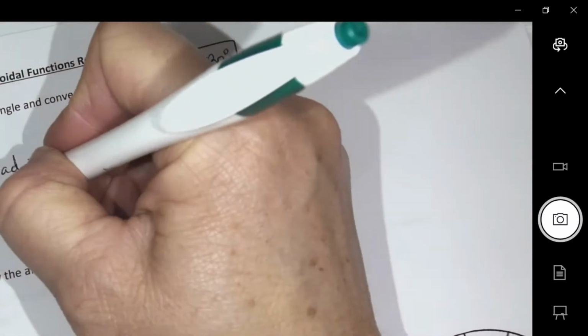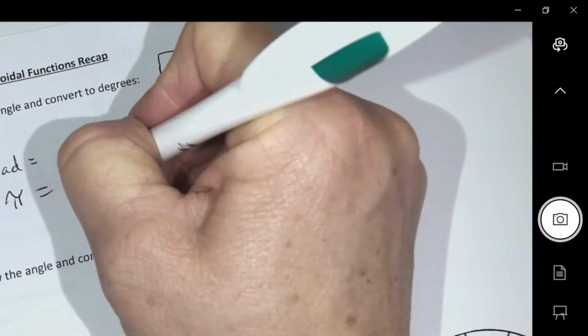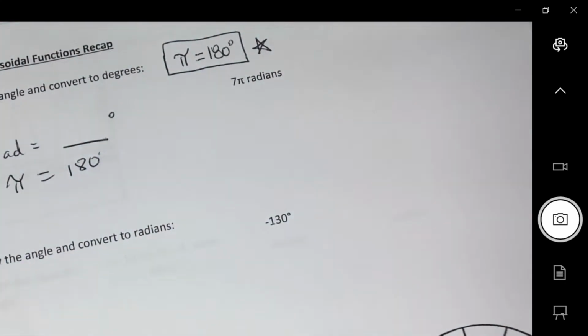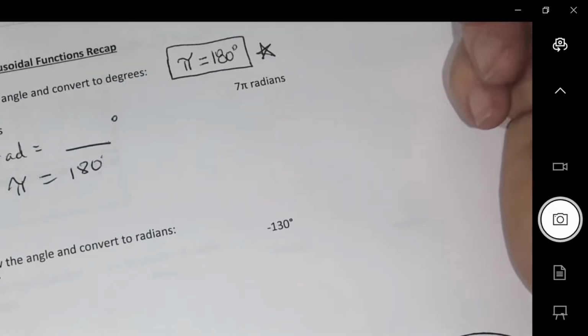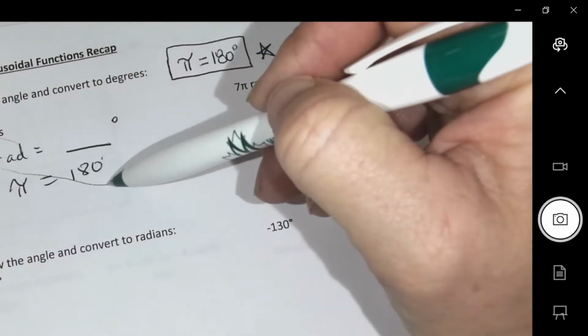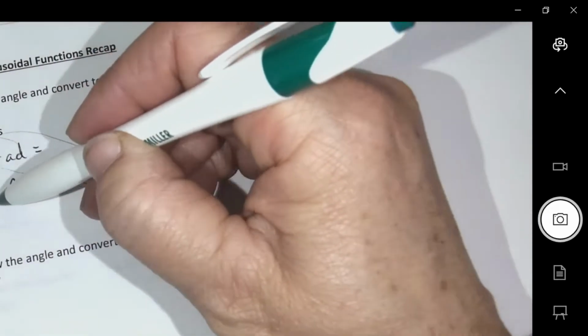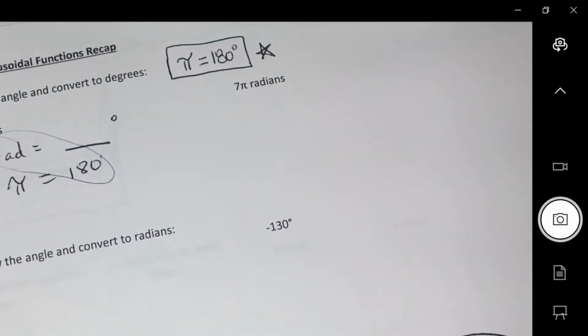And then I know that pi radians is 180 degrees. So I'm just going to set up some ratios and then we're going to cross multiply. So times divide. Are we all okay with how to do that?